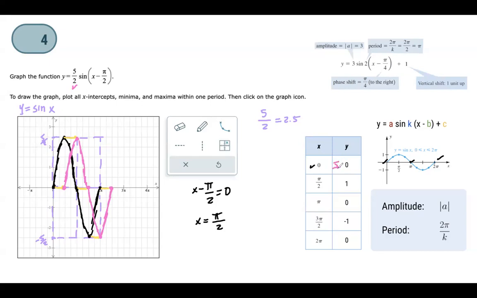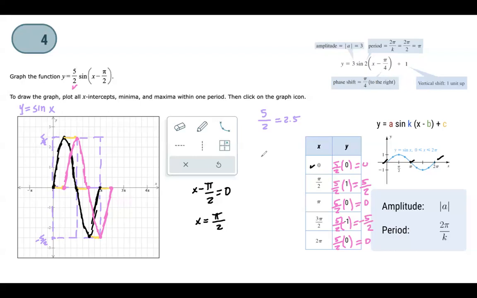So you're going to multiply this by 5/2, by 5/2, same, by 5/2, and by 5/2. So the output is going to be 0, 5/2, 0, minus 5/2, and 0.